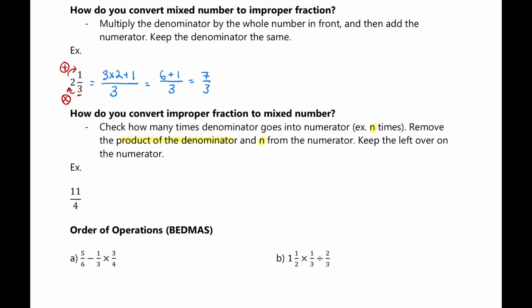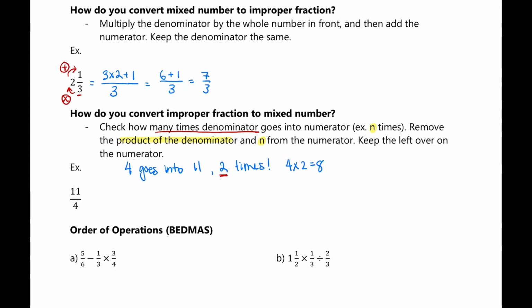So let's just go straight into our example here. We have 11 over 4, and 4 goes into 11 how many times? 2 times. So 4 times 2 is 8. So look at that. We talked about how many times the denominator goes into the numerator: 2 times.